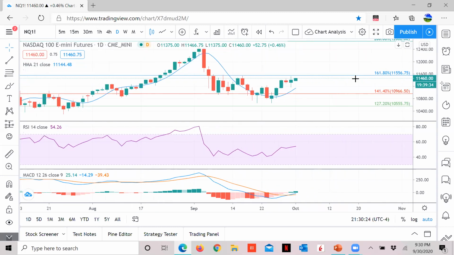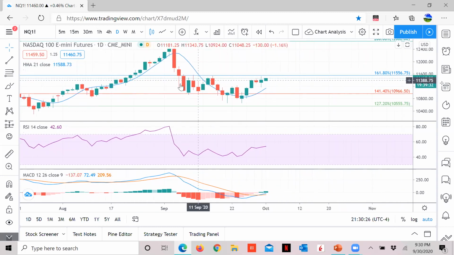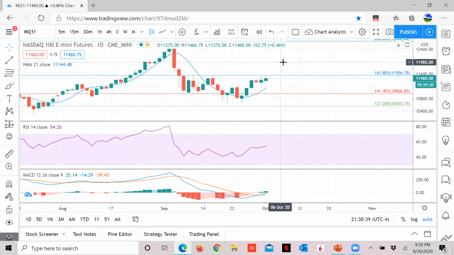So if it does the side movement, consolidates, and this gives us an opportunity. It hits this resistance and shoots up, breaking this resistance. It's a pretty good buying opportunity.